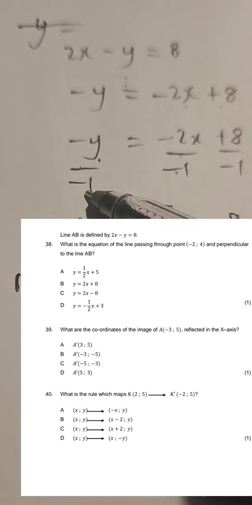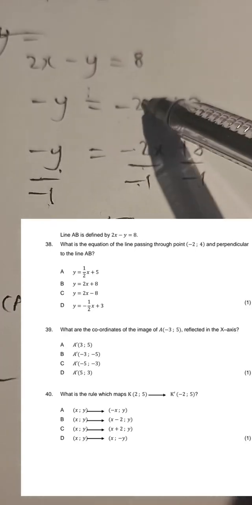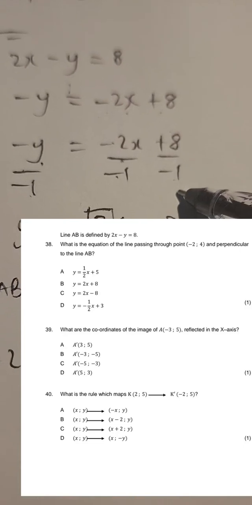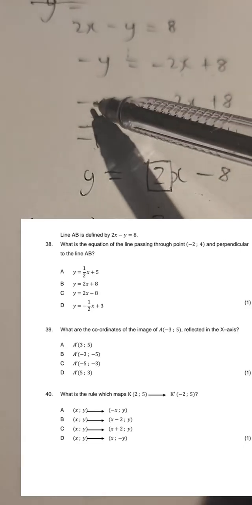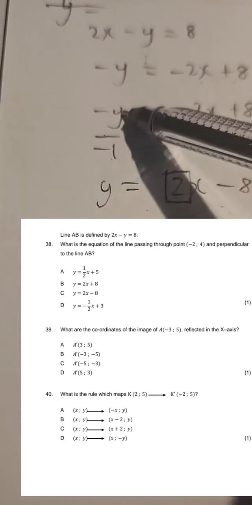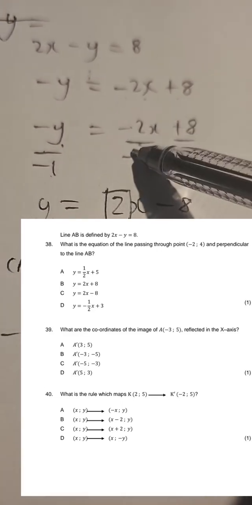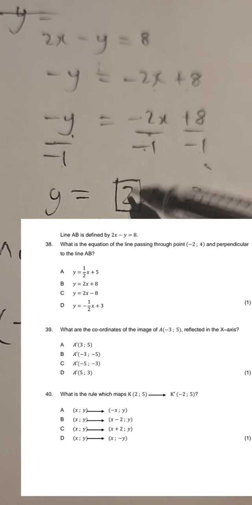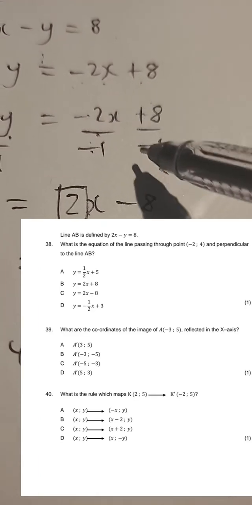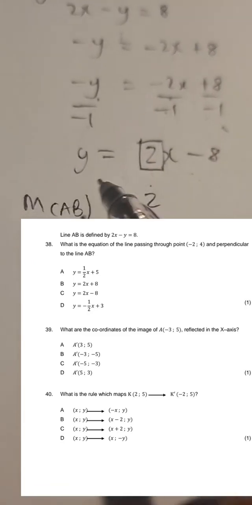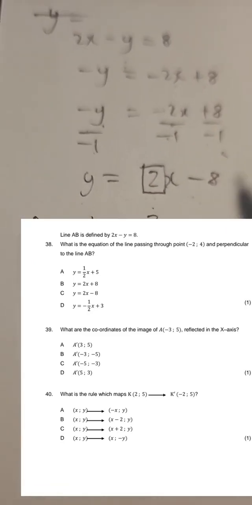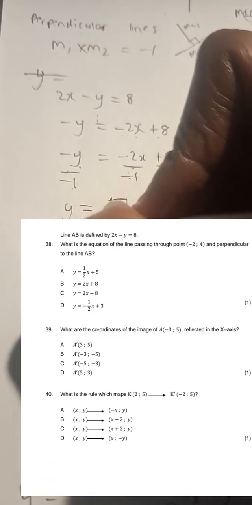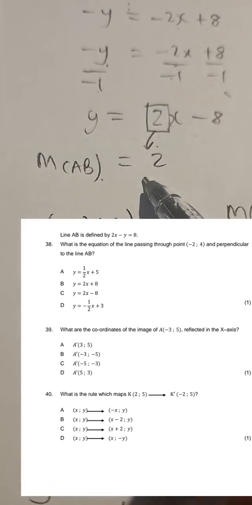Negative divided by negative gives a positive y, a positive 2x, and positive divided by negative gives -8. So y = 2x - 8 is the equation of the straight line AB, and its gradient is positive 2.